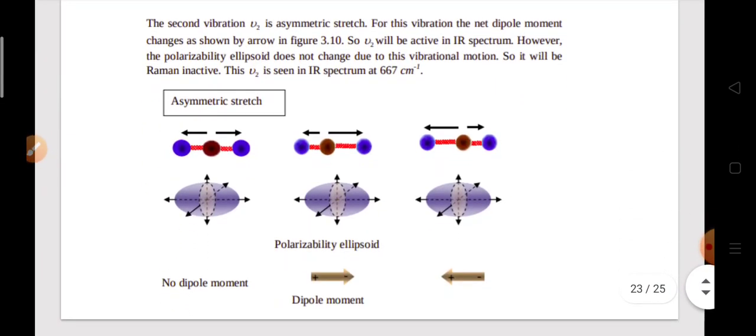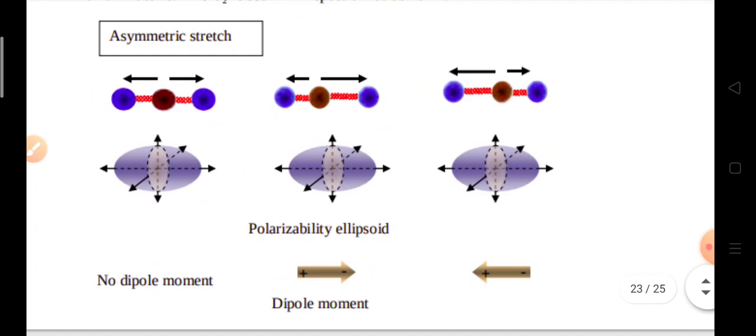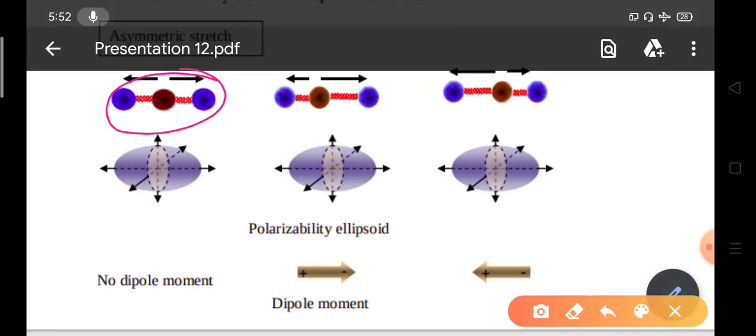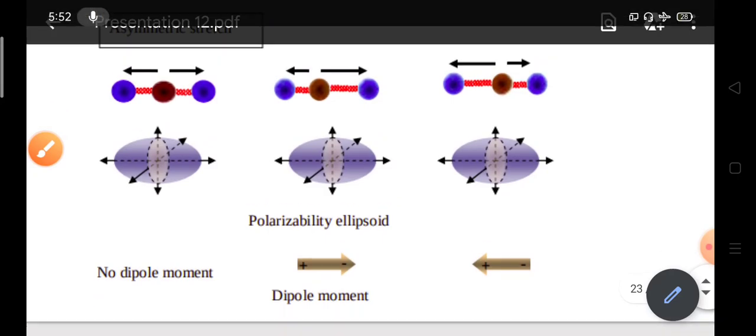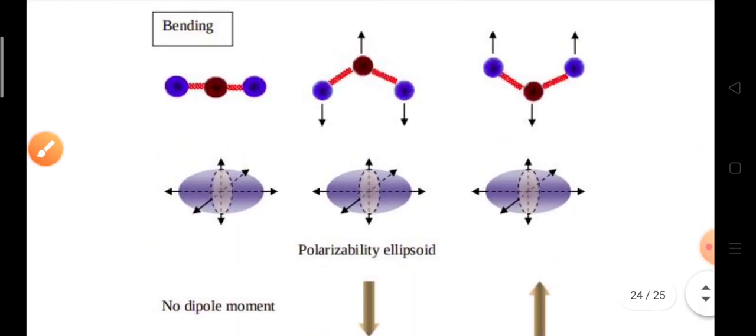Now if we take the asymmetric stretch, the polarizability ellipsoid is not changing, but the dipole moment is changing, because during its asymmetric stretch, the dipole moment of this particular bond length is not the same as the dipole moment of this particular bond length. So there will be a net dipole moment that is non-zero. So it will give you an IR active mode.